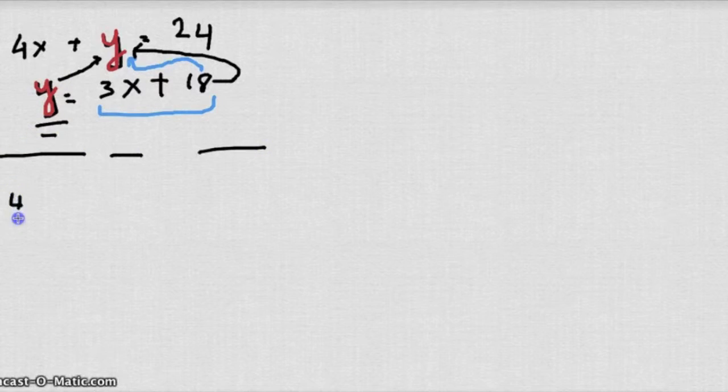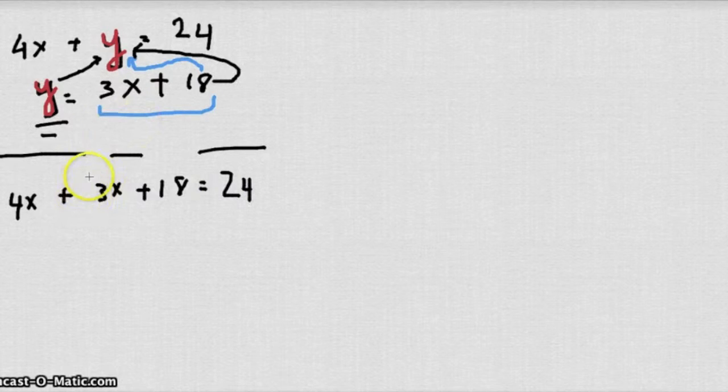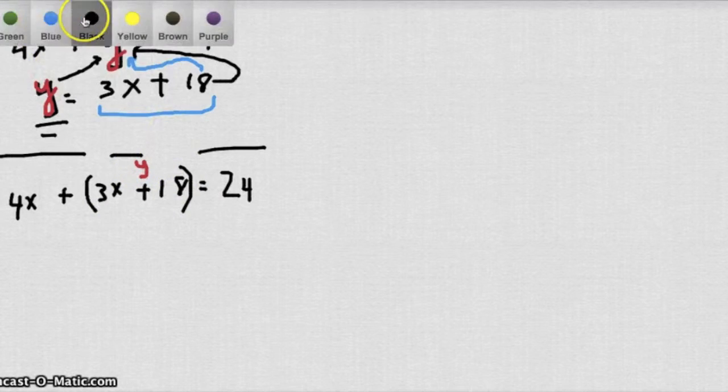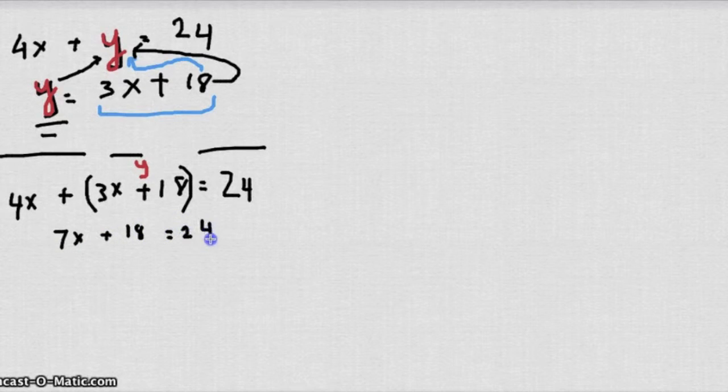Namely, we can say 4x plus y is the same thing as 4x plus 3x plus 18, and that equals 24. Okay, remember that this part right here was a y. So from there we can go 7x plus 18 is equal to 24.